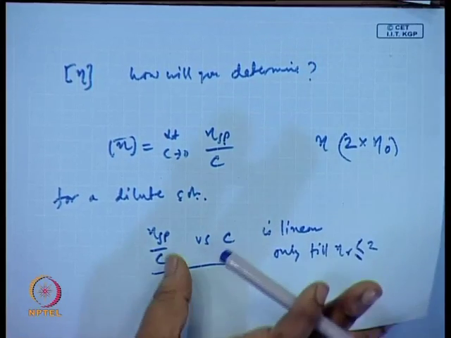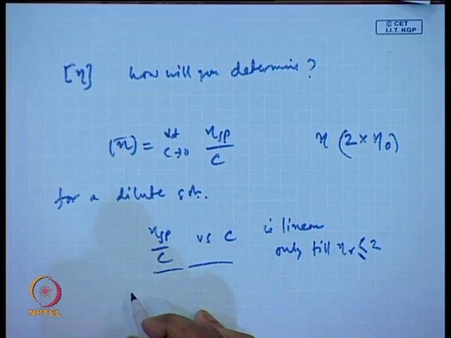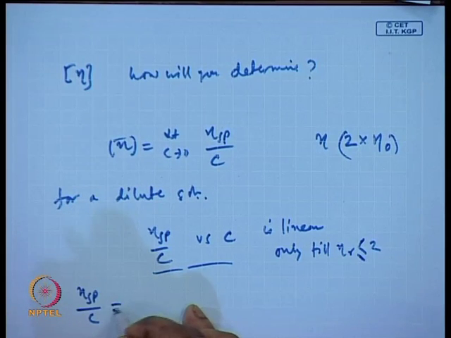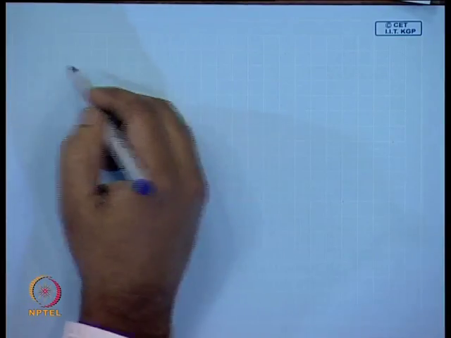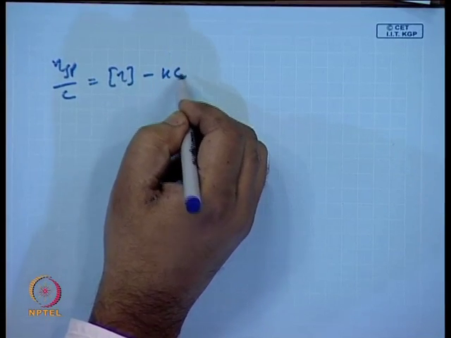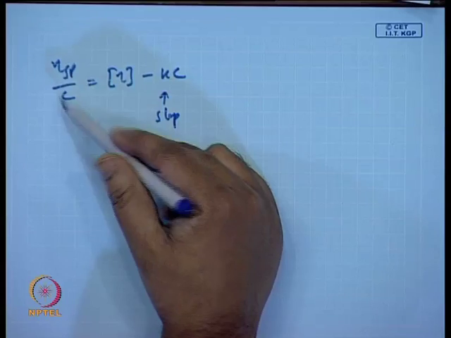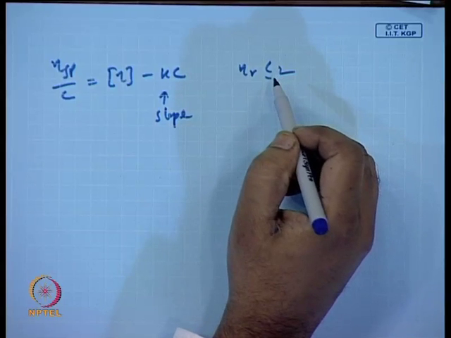So, eta sp by C can be written as this, where k is the slope of that linear relationship between eta sp by C with C, and that is only applicable till eta r is less than 2.